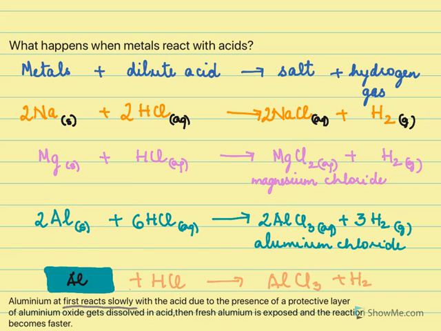Aluminium at first reacts slowly with the acid due to the presence of the protective layer of aluminium oxide. It gets dissolved in the acid, then the fresh aluminium is exposed and the reaction now becomes faster. Zinc too reacts with hydrochloric acid to give you zinc chloride plus hydrogen gas.